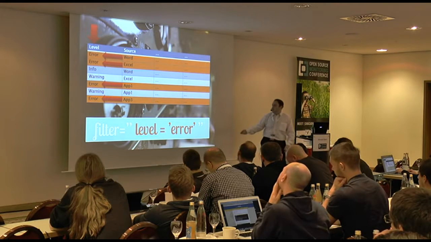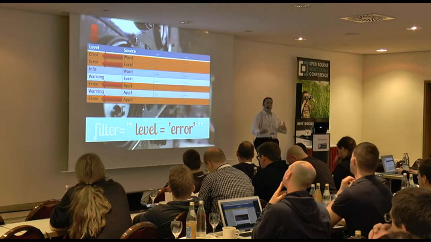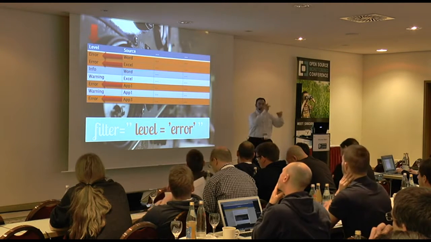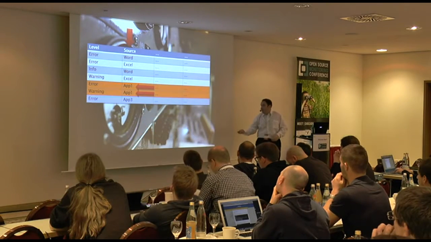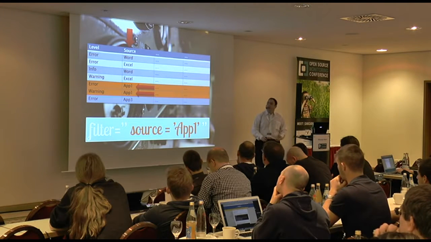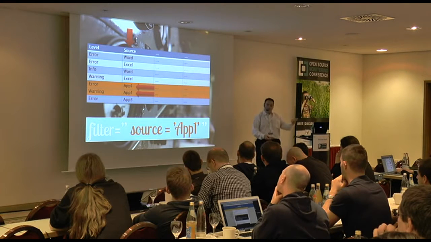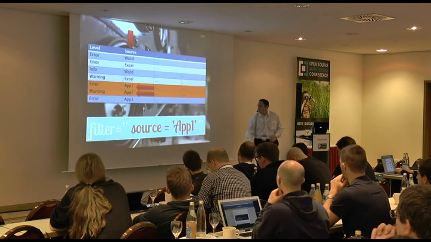Whereas this is natural language, or close to, which means that if you're going to change something, it's easier if you can actually read it than having to understand how the options interconnect. And we can do the same if we want source equals app1. She would probably not understand app1, but if you said Excel or Word, and she's actually been using those programs, she might understand the concept.